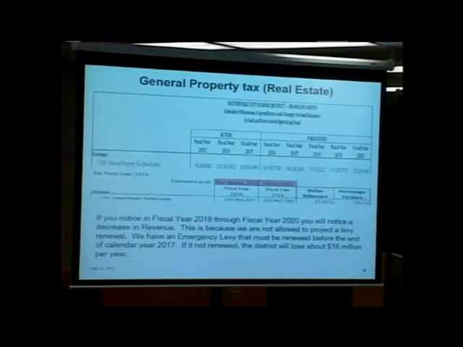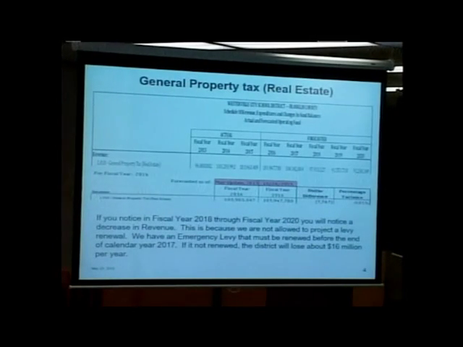All right, general real estate property taxes. One of the reasons that I highlighted this one for those of you in the audience, this line here, if you look around fiscal year 18, you'll see it drops from 104 million in 2017 to 97 in 2018. Our emergency levy actually expires December 31st, 2017. So by law, we cannot project this to be approved.